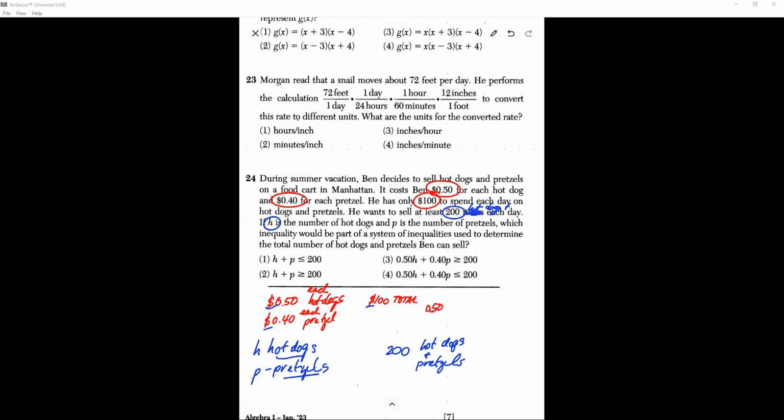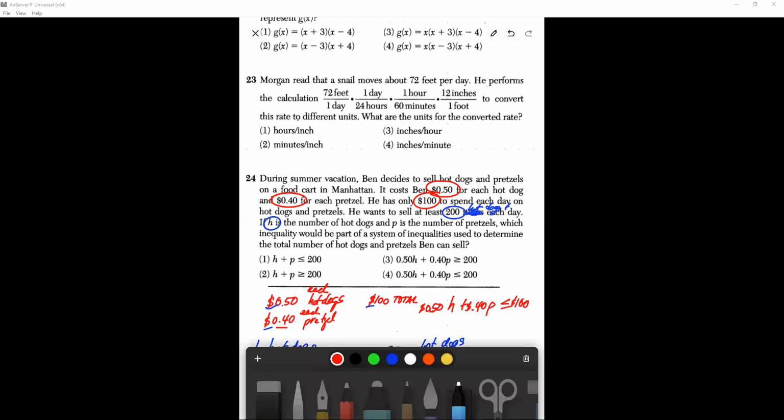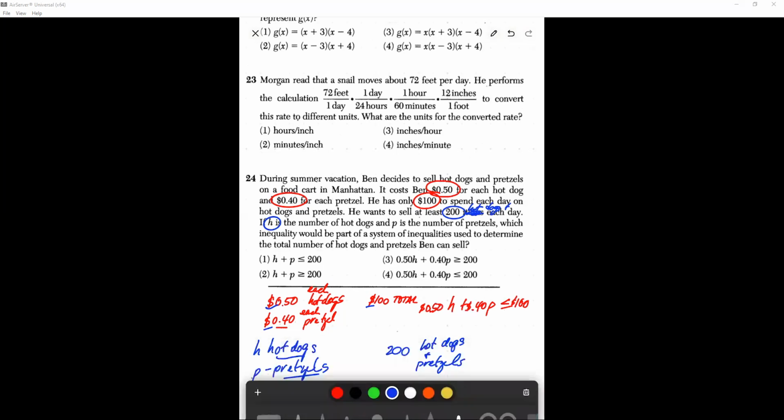So I'm going to say 50 cents times H plus 40 cents times P. And I only have $100, so I can't go over $100. So it has to be less than or equal to $100. This has dollars, this has dollars, this has dollars. That's one inequality, sorry, it's not an equation.